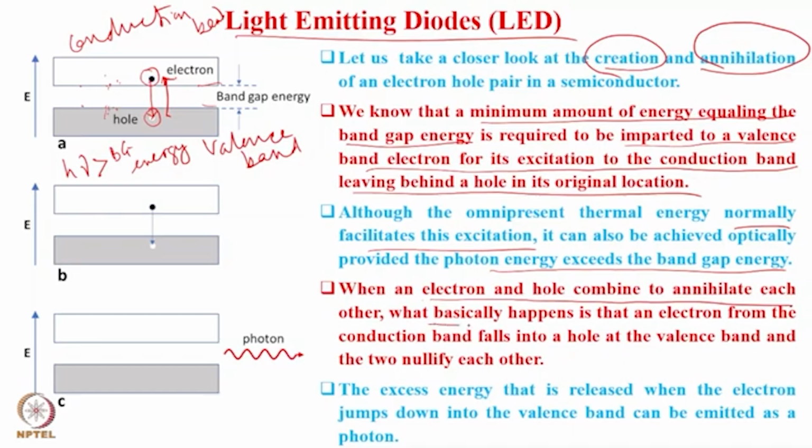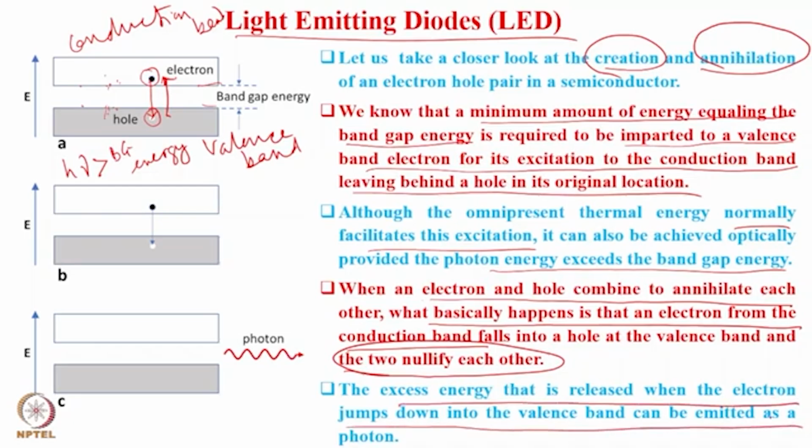What basically happens is that an electron from the conduction band falls into a hole in the valence band, and the two nullify each other. That is the annihilation. So if they nullify each other, what will happen? The excess energy that is released when the electron jumps down into the valence band can be emitted as a photon.